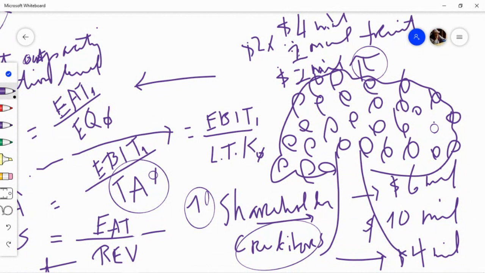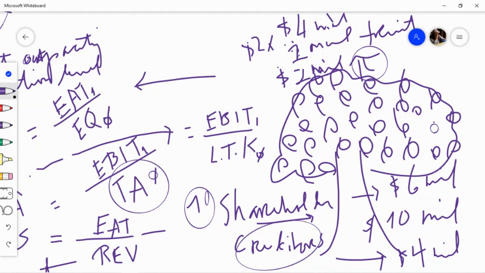But don't forget about the dollar value. The point is 2 million fruit is the output of this tree, and eventually it belongs to the shareholders, right?